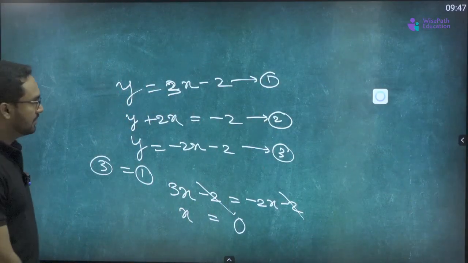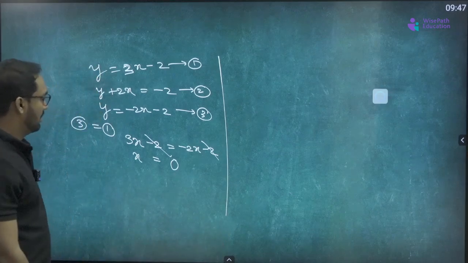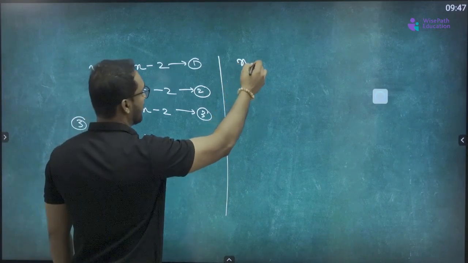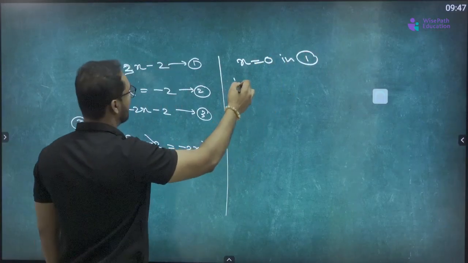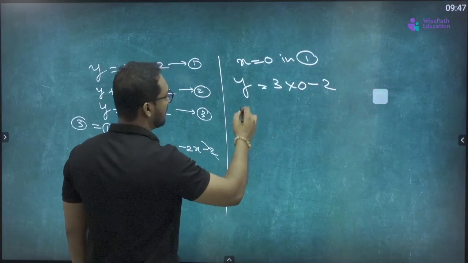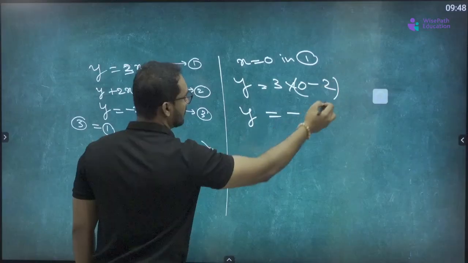So x is 0. If I apply it in the first equation, that will be y equals 3 into 0 minus 2. So y equals minus 2.